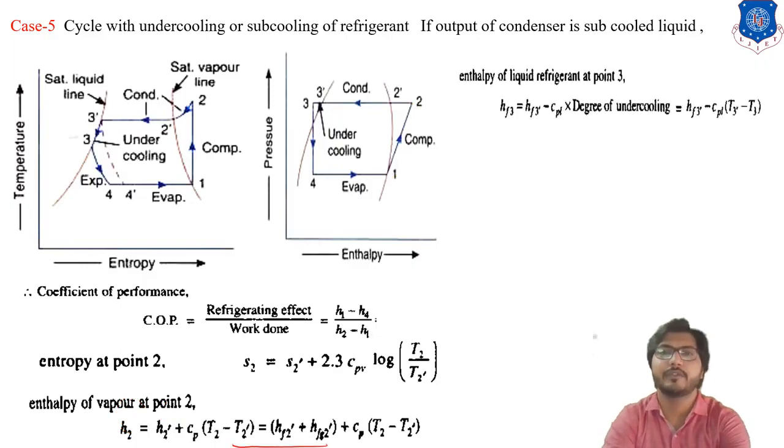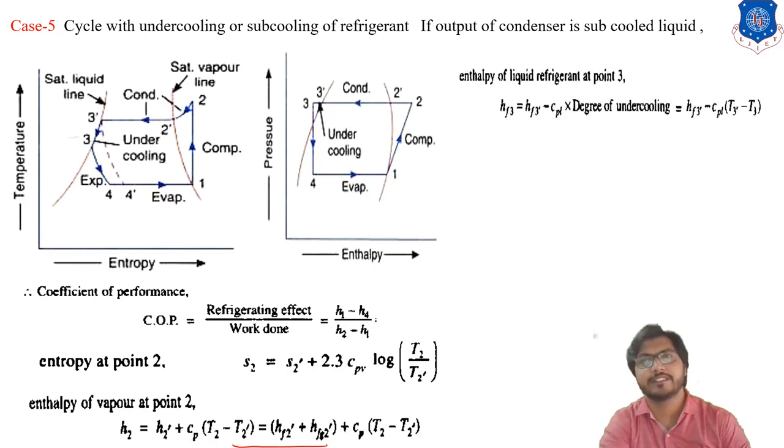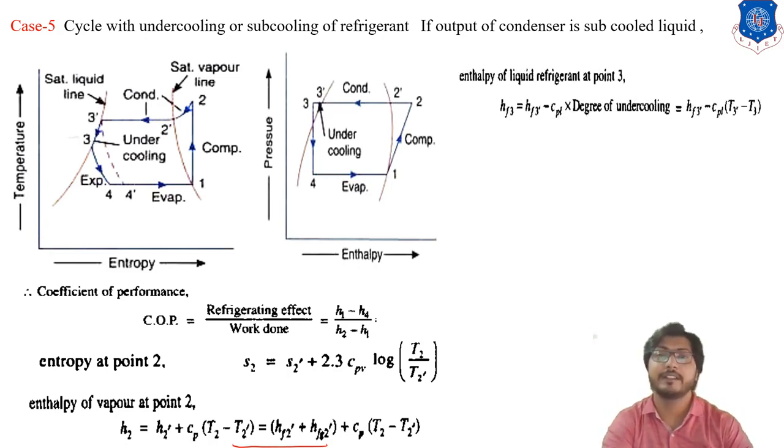Now, enthalpy of liquid refrigerant at point 3. In this case H3 is calculated, which is equal to H4. We know the value of H3 dash in the numerical, but H3 is not known. So how to calculate?